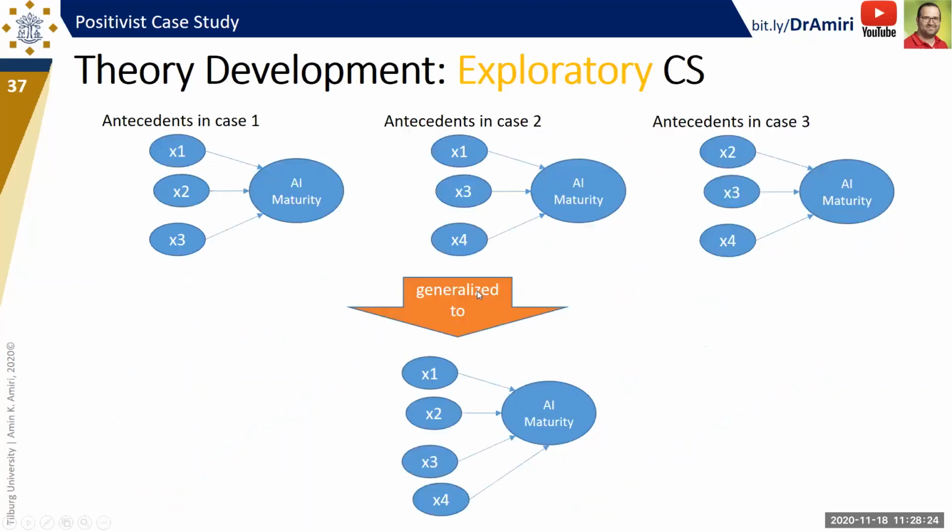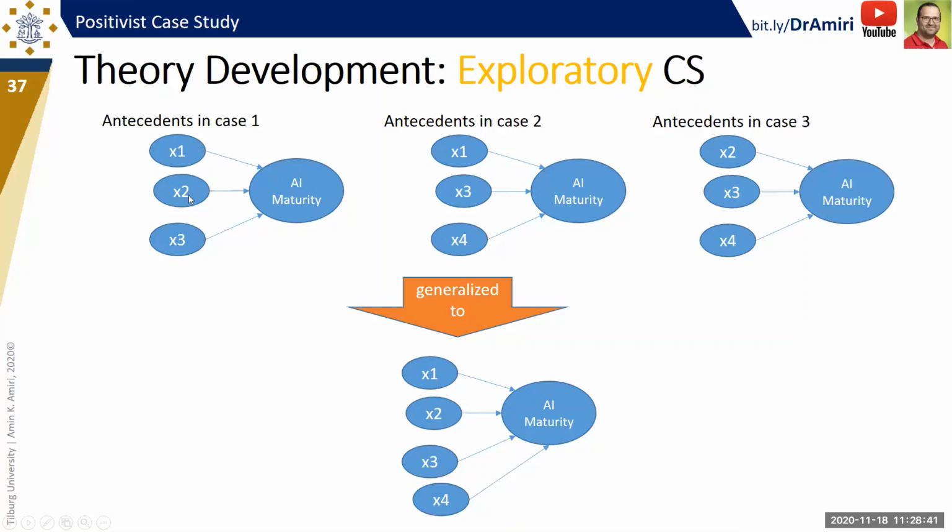But which of these? So theory development, first of all, is quite, I guess, easy. For example, assume that you want to figure out the antecedents of AI, artificial intelligence maturity in the organization. You go and study case 1.